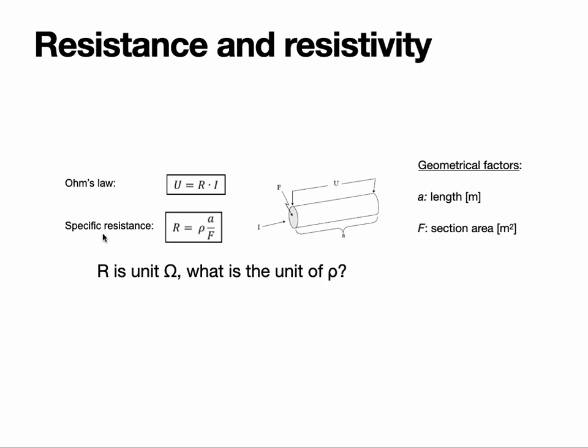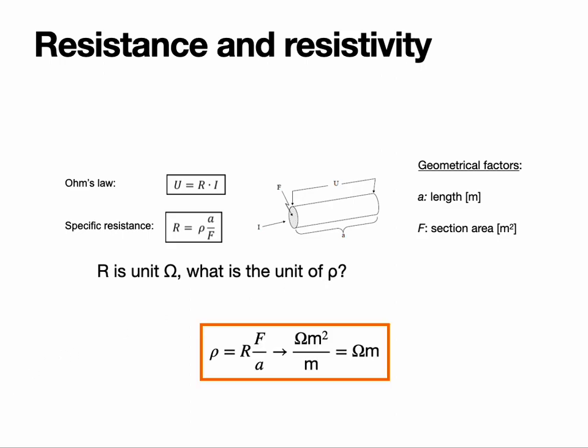The specific resistance can be expressed as R equal rho times A divided by F. So R has unit of ohm. What is the unit of rho? This you can simply work out by solving this expression for rho.